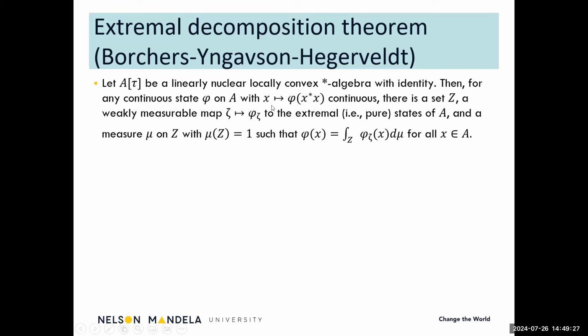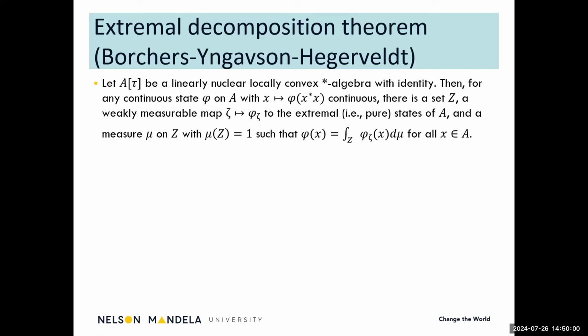Then for any state phi on A which makes this map over here continuous, you can actually get a set, call it Z, and a weakly measurable map to the extremal or pure states of A, and a measure mu on that set, having measure 1, so that you can actually write that state as an integral of pure states in a nutshell.